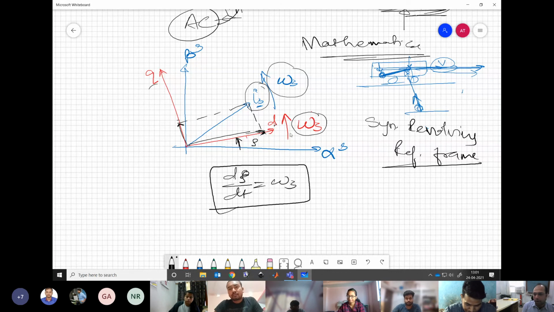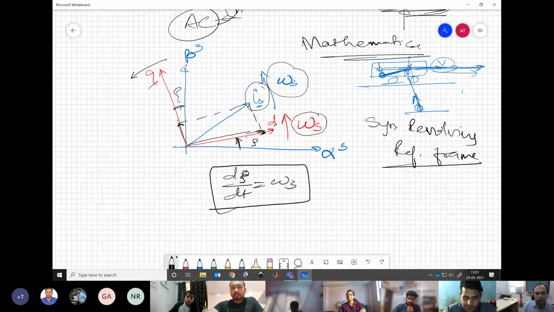Fine. This reference frame you have understood. We have simply gone and sat into another reference frame which is rotating at synchronous speed. Why? Because we want to see our quantities as DC quantities so that we can control them easily using our traditional controllers and feedback based control.